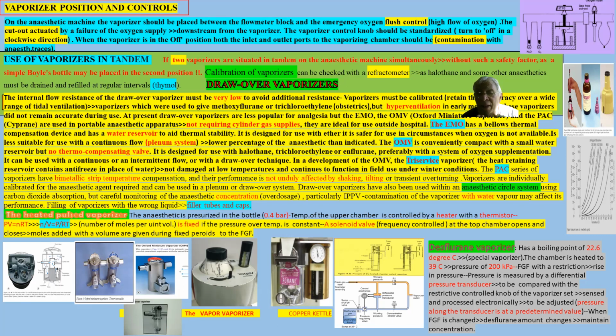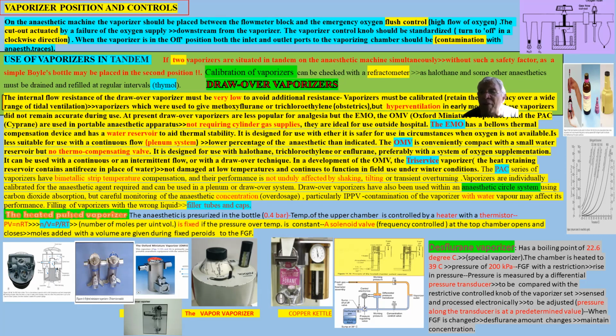This liquid vaporizer has a temperature, so I'm adjusting the flow accordingly. So this is the method for thermal compensation, making the flow not affect the final concentration. I forgot to tell you this through the lecture, which is the copper kettle, and this, of course, is for the desflurane vaporizer, which almost boils at 23.